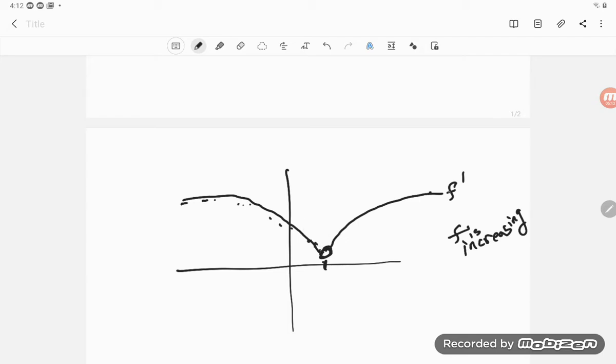The values of f prime are the slopes of f, and so it was steep positive slopes. I can draw steep positive slopes, but then they're trailing off.